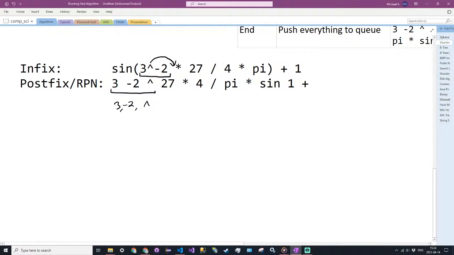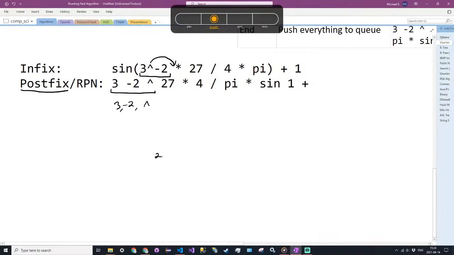And now this is why the postfix notation comes into play, because we're going to link these two, and now you should start thinking about trees, about linking two nodes, or two elements, two tokens. We're going to be linking the 3 and the 2 with the exponent sign. So this can look a little bit like this, where we have a 3 and a -2, and then this could evaluate to 3 to the -2.